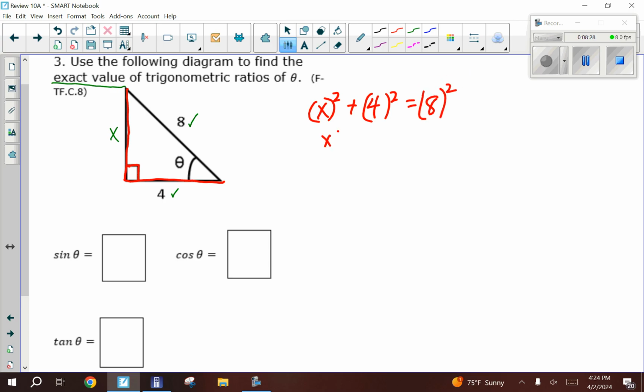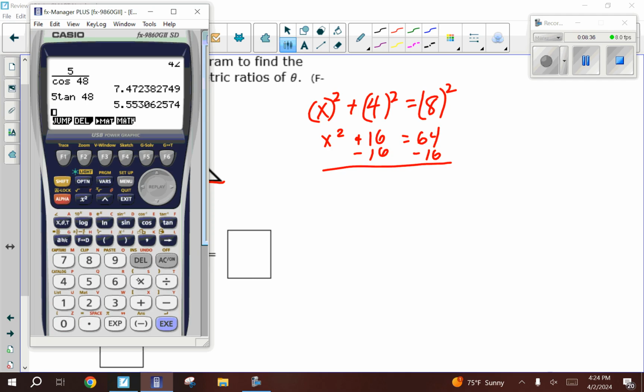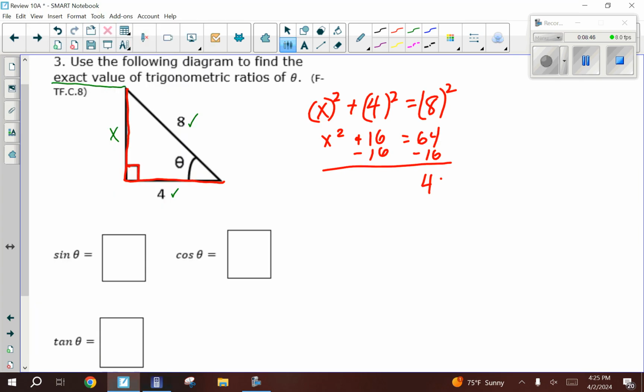So if I work this out, this is x squared plus 16 equals 64. And then I just have to subtract 16 from both sides. So we've got 64 take away 16, and that gives me 48. Now I don't want the answer to x squared, I just want the answer to x.